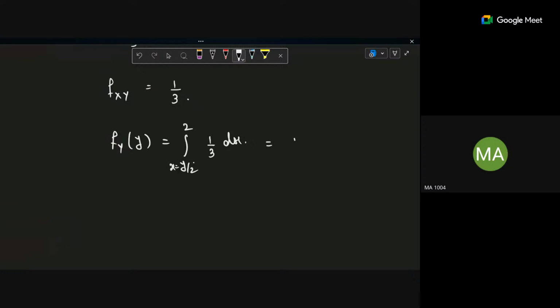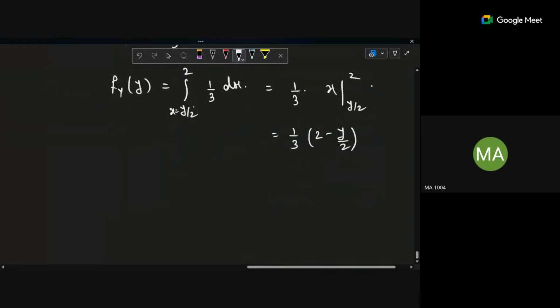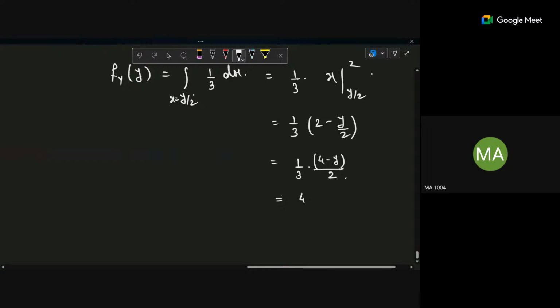And we just have to integrate it. 1 by 3 integral of dx from y by 2 to 2 is nothing but 1 by 3 times (2 minus y by 2). Once you solve it, it's 1 by 3 times (4 minus y) by 2, so it's (4 minus y) by 6. That's the marginal density for y. Is it clear to everyone?